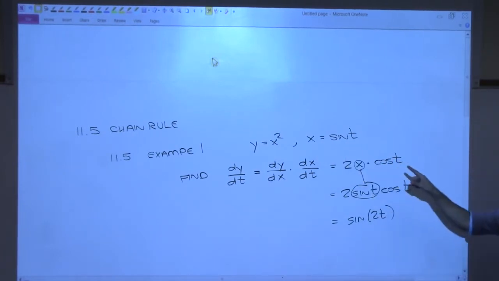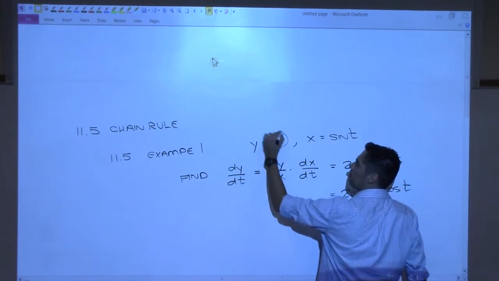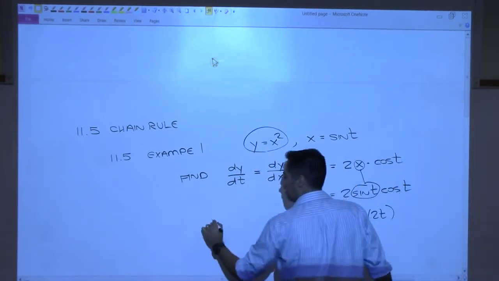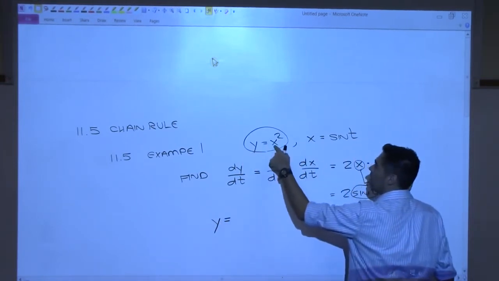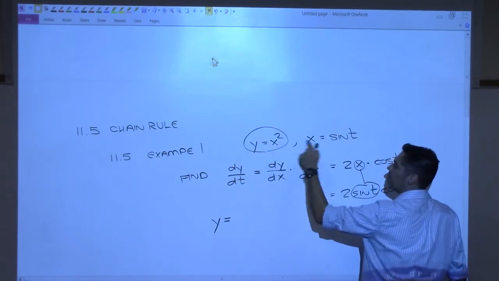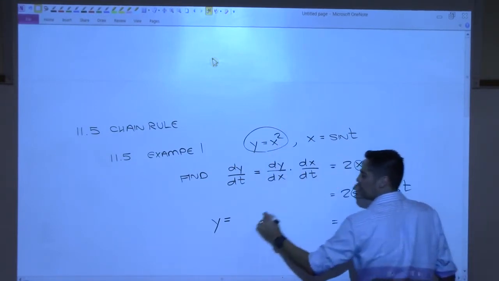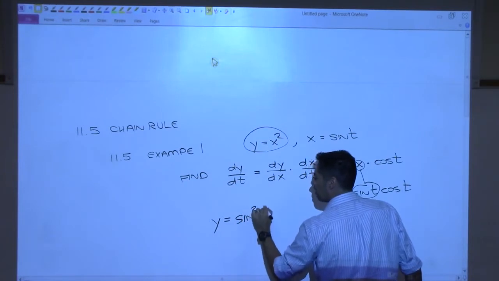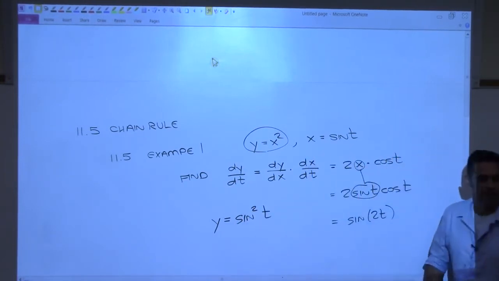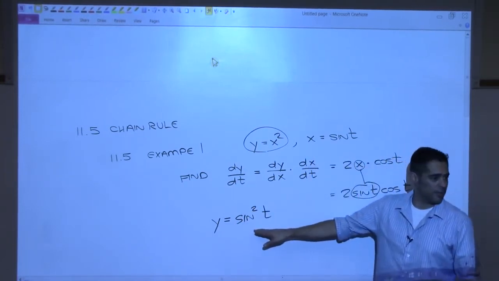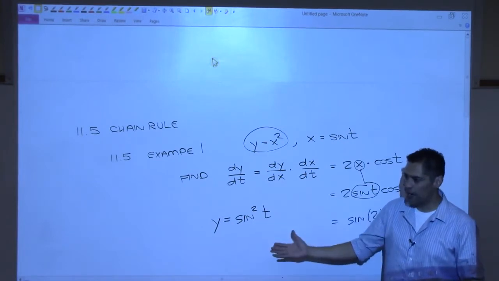Now let me rewrite this problem in a different way, okay? I'm just changing things up a little bit. What if I take this right here and rewrite that, but let's actually just plug in x right now before we take a derivative. x is sine t, right? So this is really sine squared t. And if you were asked to take the derivative of this with respect to t, you would do chain rule, right?